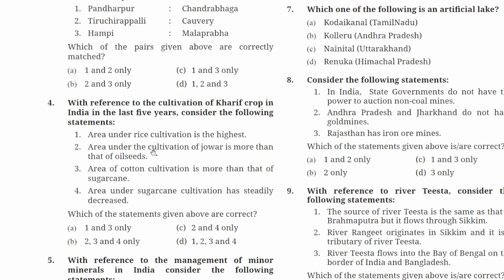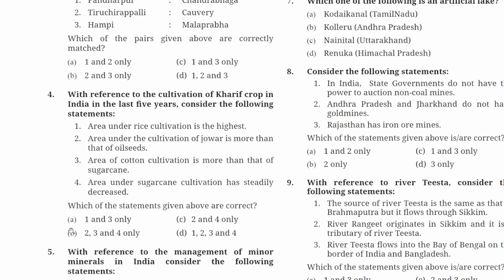This is not right, because oilseeds have more area. Option 3, area of cotton cultivation is more than that of sugarcane. This is true. Area under sugarcane cultivation has steadily decreased. No, it has been increasing recently. So option is A, 1 and 3 only.